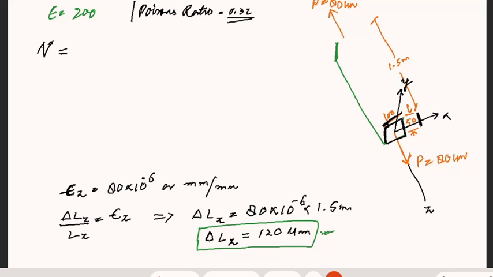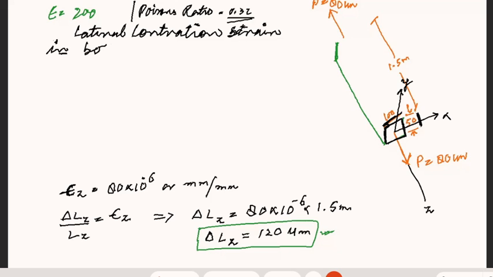Lateral contraction strain in both x and y direction now.